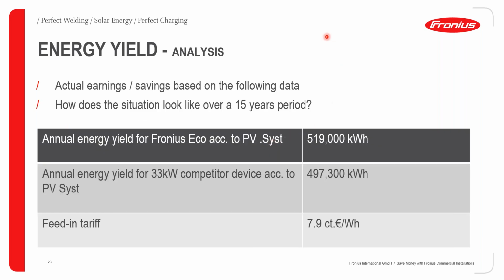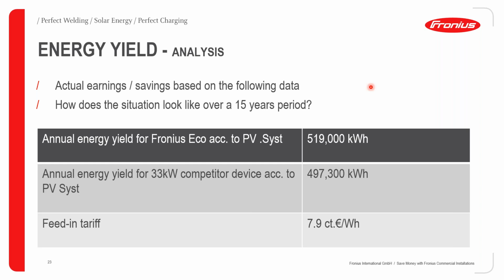So in terms of the energy yield analysis itself, we are talking about savings from the data given below, looking also at a projected period of 15 years. And as we know, our systems are expected to operate for something like 25 to 30 years.